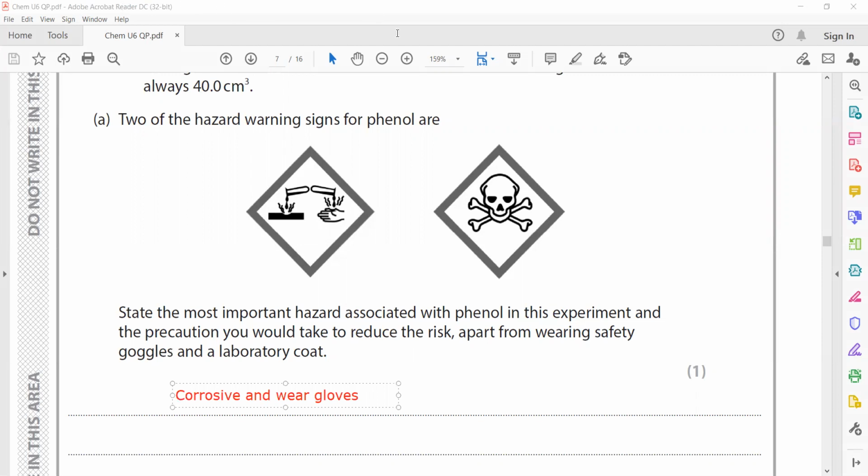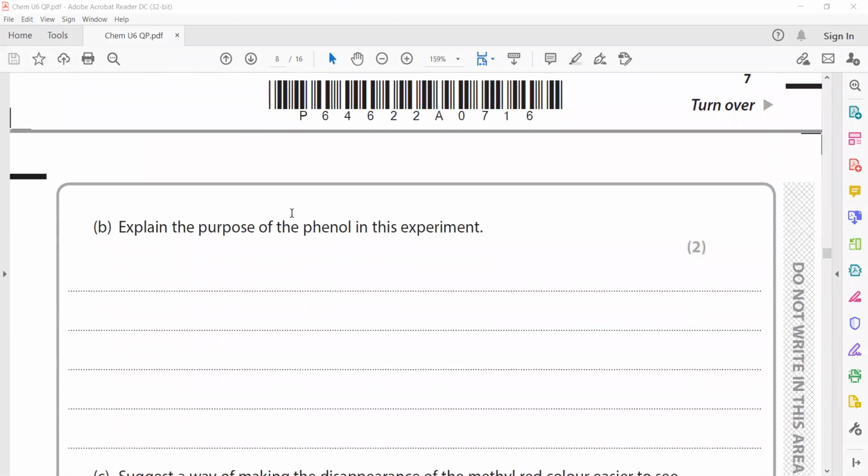For the next part, explain the purpose of the phenol in this experiment. So what is the purpose of the phenol in this experiment? First, phenol will react with bromine.